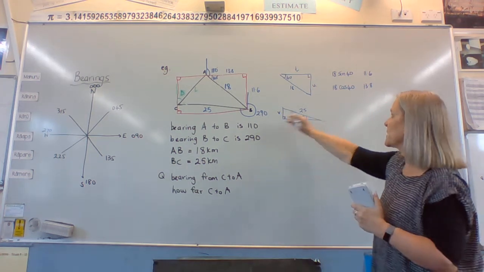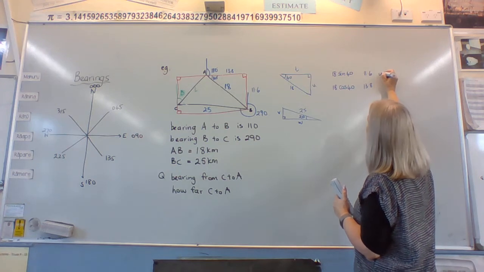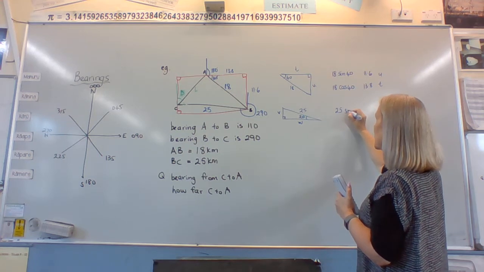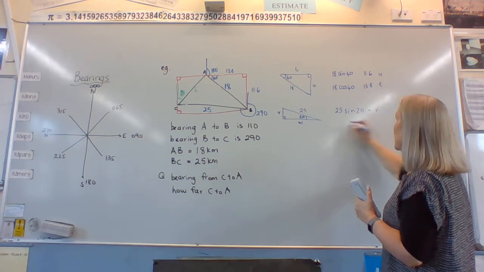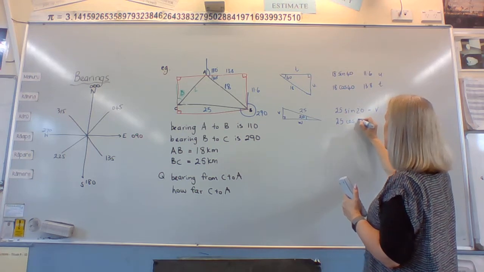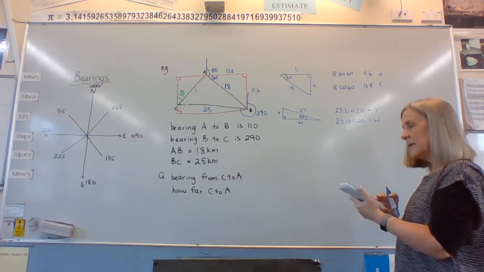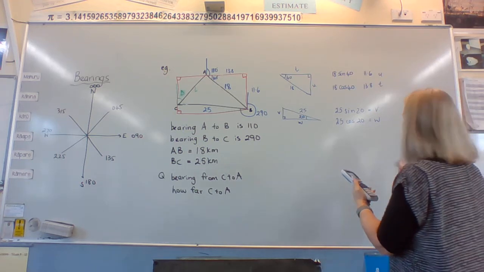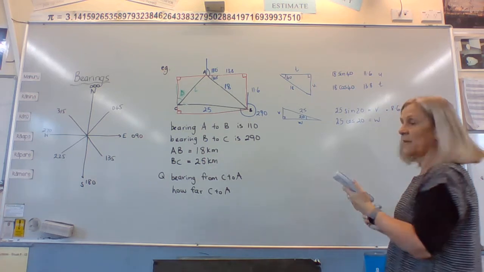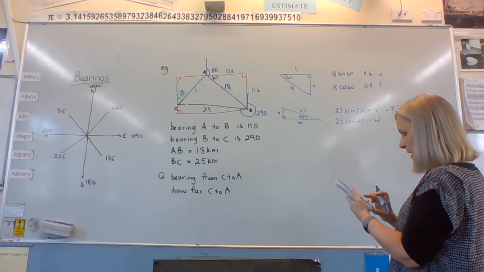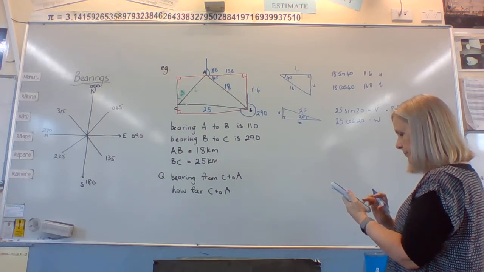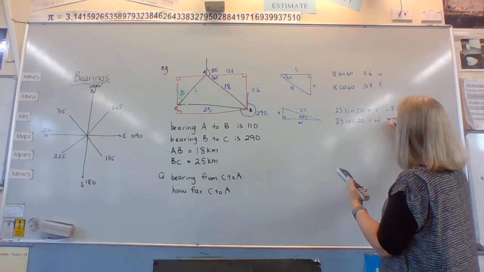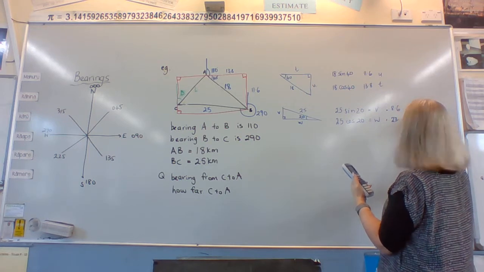V is opposite, so it's 25 sin 20 degrees for V, and 25 cos 20 degrees for W. So 25 sin 20 is 8.655, so I've rounded it up. 25 cos 20 is 23.49, so rounding it up.